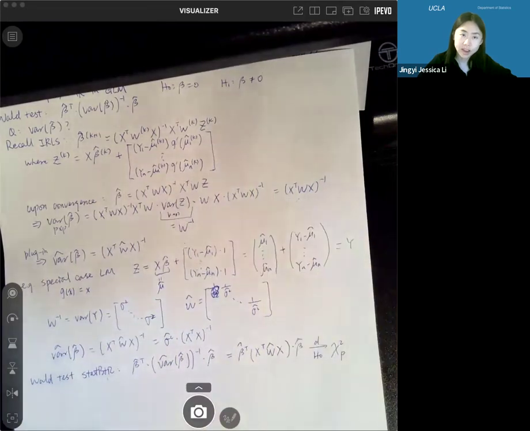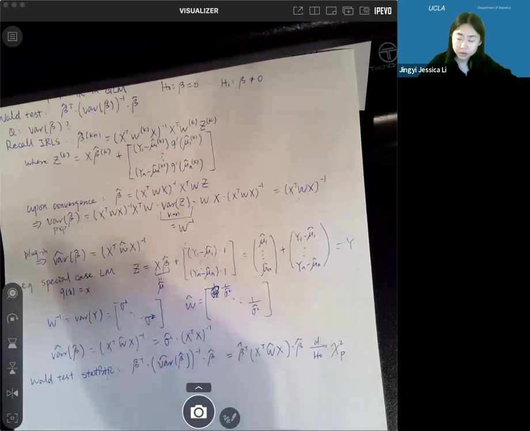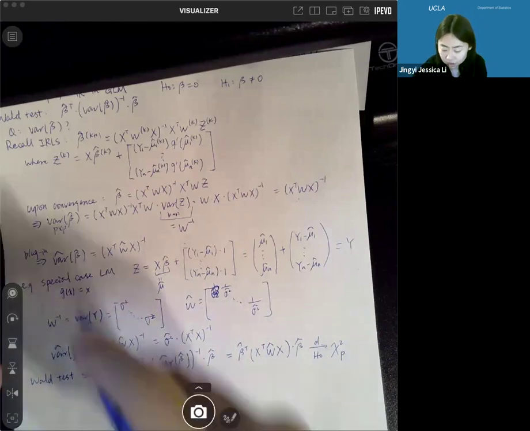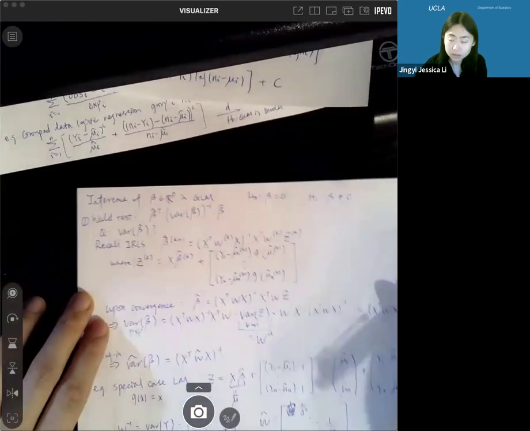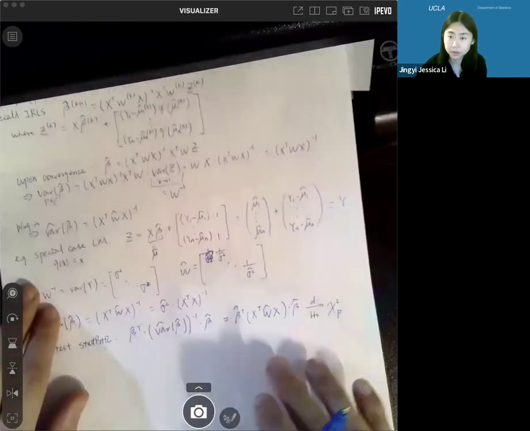So the null model has p fewer parameters. That's why the difference in number of parameters is p. Okay, so that's the Wald test. Any questions? Let me just label this as 1. Wald test is the first option for inference of beta.